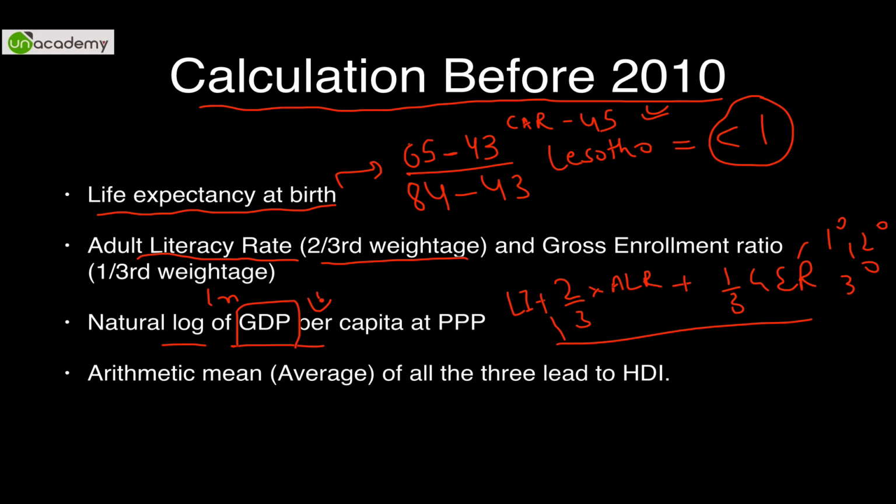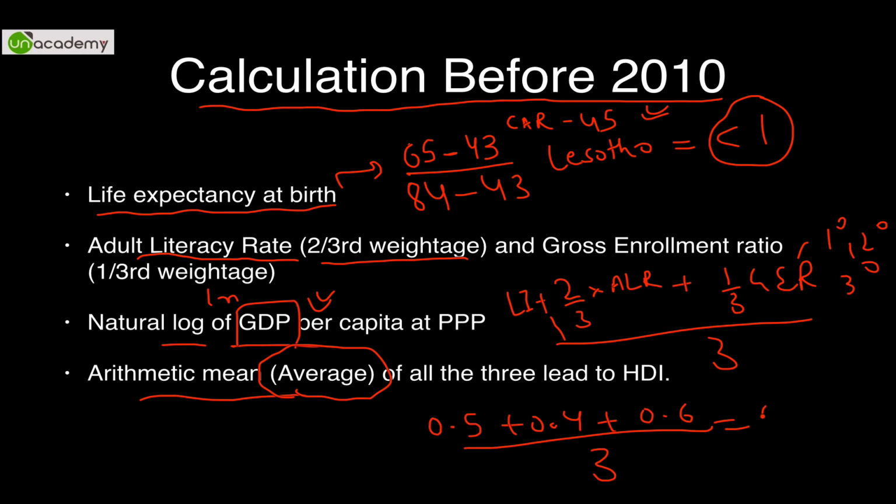Please focus, this is GDP. Now this is a simple arithmetic mean, that is you divide all three combined with 3, which is called average in layman's terms. Let's say this is 0.5, this is 0.4, and one is 0.6. You divide by 3, so you get 0.5 as the answer. So this is your HDI in arithmetic mean.